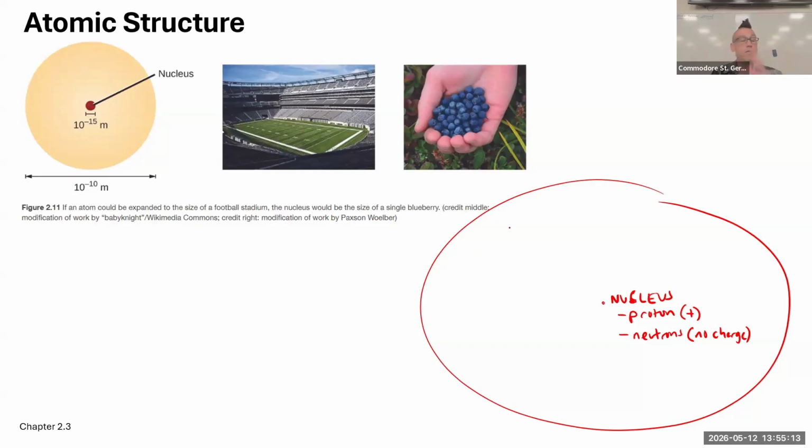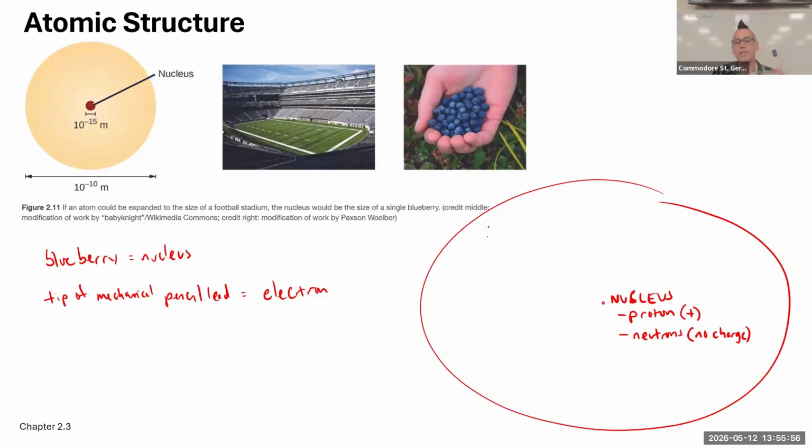And flying everywhere around this stadium is going to be something about 2,000 times smaller than a blueberry. So we'll say the blueberry is a nucleus, and the tip of a mechanical pencil lead is what's called an electron.